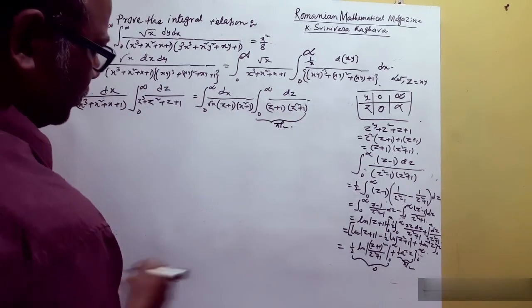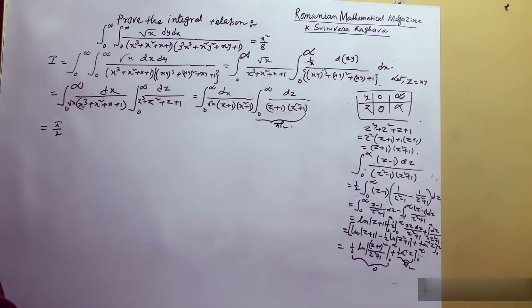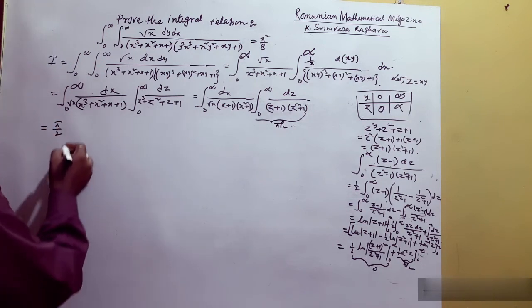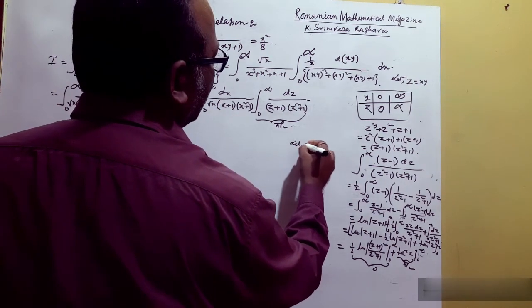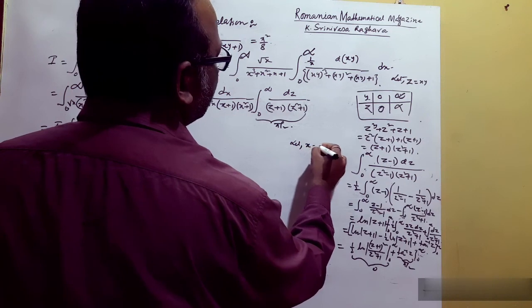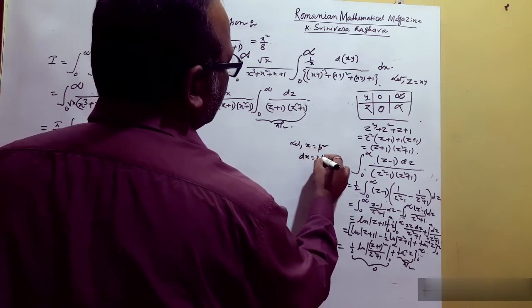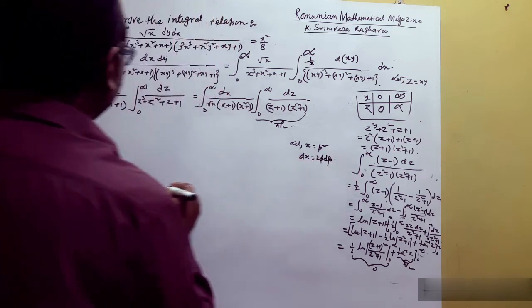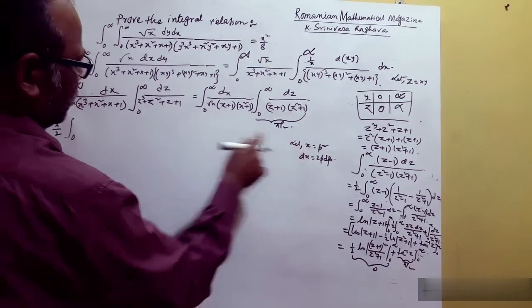Okay. So here is the calculation. Now multiply by pi by 2. And now let us assume for this integral, let x is equal to p square. So dx is equal to 2p dp. If we put the limit 0, then we get 0.